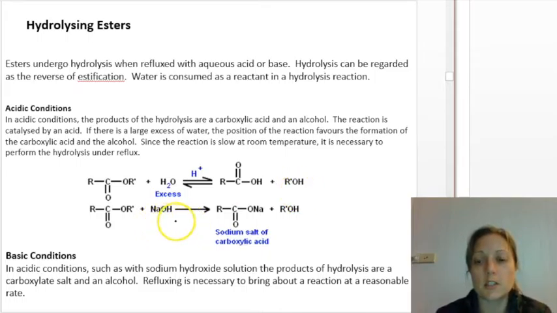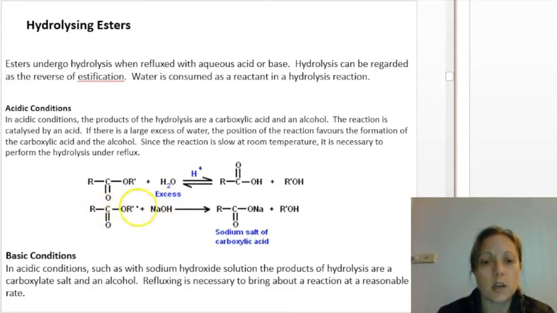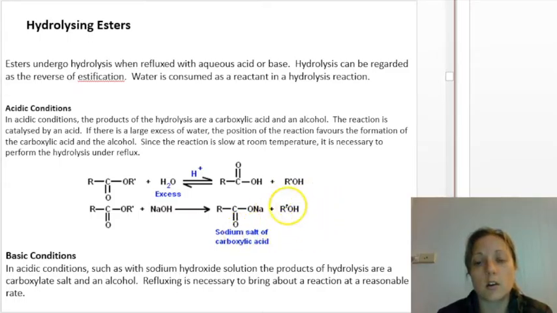The basic conditions give us a complete reaction and not an equilibrium reaction. So if we hydrolyze our ester with sodium hydroxide, so aqueous sodium hydroxide, we're actually going to get the carboxylate salt and our alcohol.